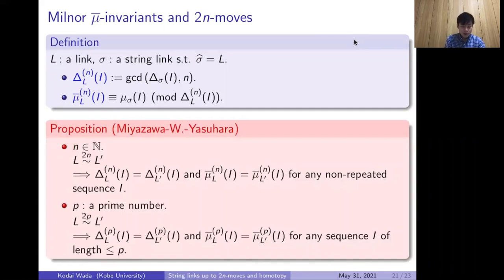If two links are 2n equivalent, then they have the same delta n and mu-bar n invariants for any non-repeated sequence. Also, let p be a prime number. If two links are 2p equivalent, then they have the same delta p and mu-bar p invariants for any sequence I of length less than or equal to p.